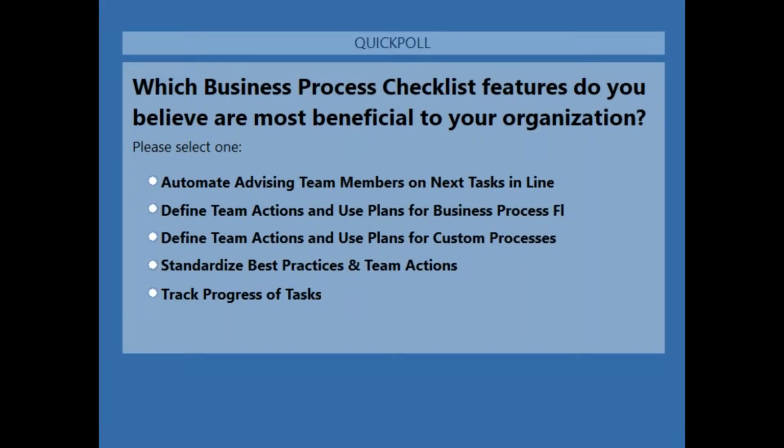I've just launched a quick 30-second poll, requesting you, just like the previous vote, to please cast your vote right here, whether it is automating advising team members on the next steps, defining team actions and use plans for business process flow or for custom groups, or the standardized best practices and team actions.